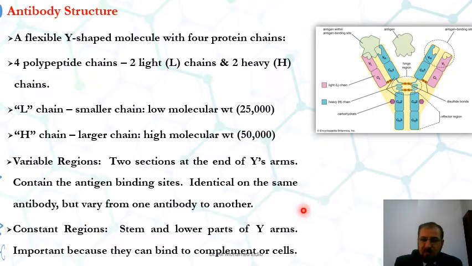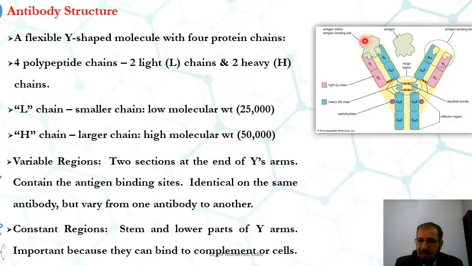So the variable region is the end of the Y arms, and it contains the antigen binding site. So the antigen binding site is the end of the variable region, by which the antibody can bind the epitopes of the antigen. See this part?